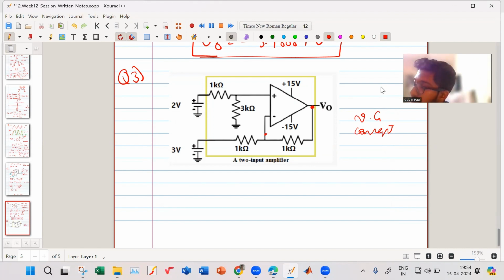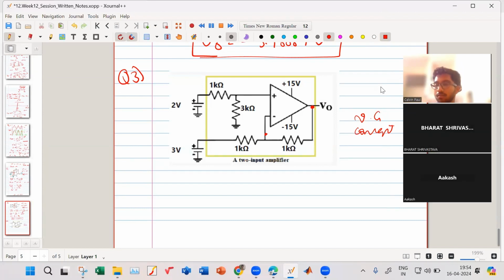And you guys have studied feedback? Not a lot, but yes, we are just touching. I know a simple concept that if feedback is given at the negative terminal, negative feedback, based upon that feedback the amplifier will adjust its output voltage. Okay.